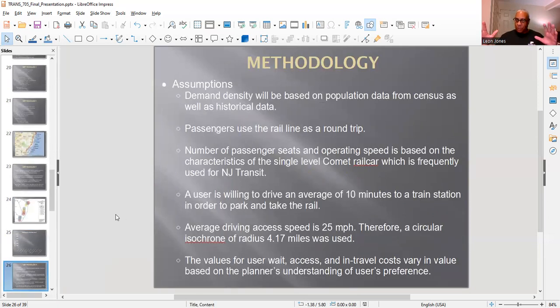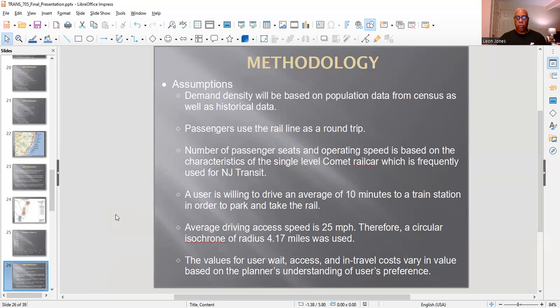Okay, now, later on, I'm going to talk about some constraints, but I have to talk about assumptions because it's very important. This is part of the methodology. Well, the demand density will be based on population data from the census as well as historical data. Then you're going to have passengers' use of the rail line as a round trip, number of passenger seats.